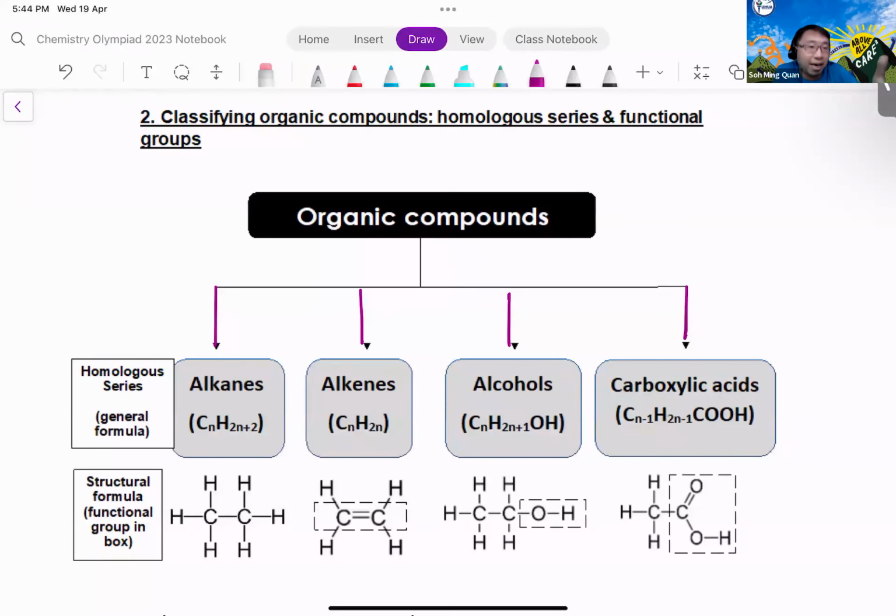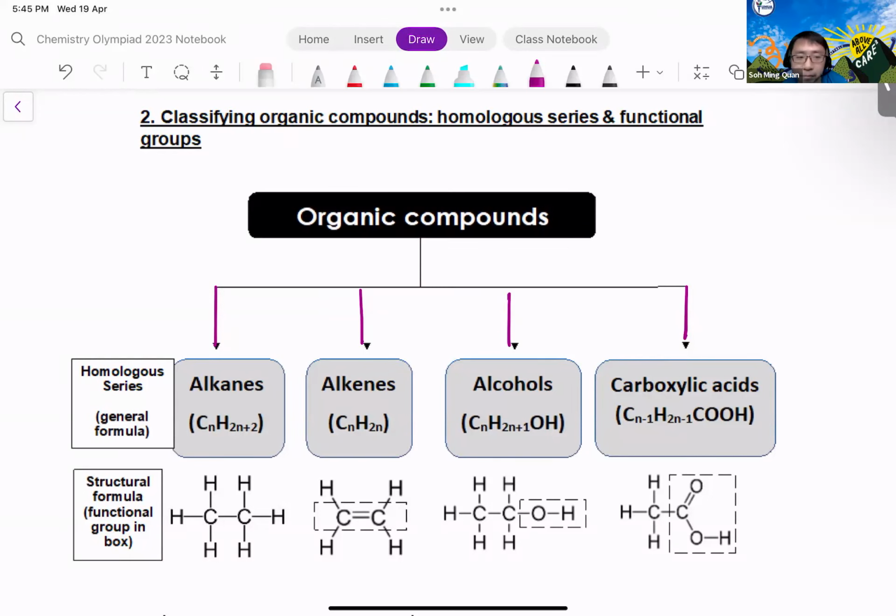For example, alkanes is a homologous series. Under alkanes, there's methane, ethane, propane, butane, and so on and so forth. Under alcohols, it's another homologous series. You will have methanol, ethanol, propanol, butanol, so on and so forth. So each homologous series contains a number of members.